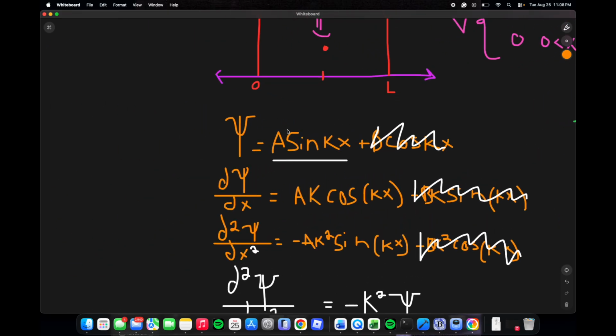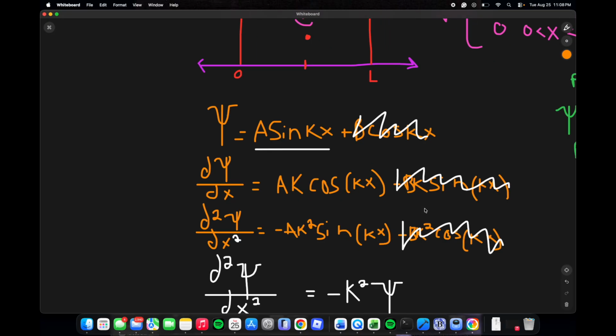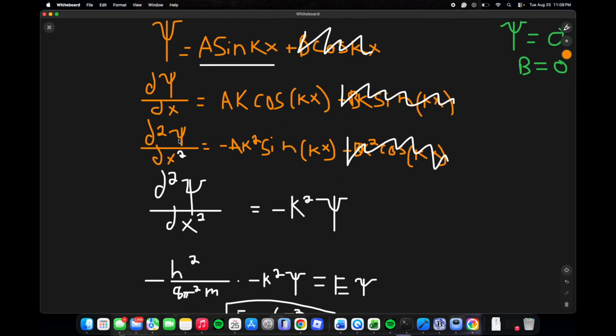We define the wave function to be some sort of sinusoidal wave, which is a superposition of 2 waves, sine and cosine, with arbitrary multiplicity factors A and B, and a scaling factor of k. We define the derivative, d psi dx, and we found the second order derivative.